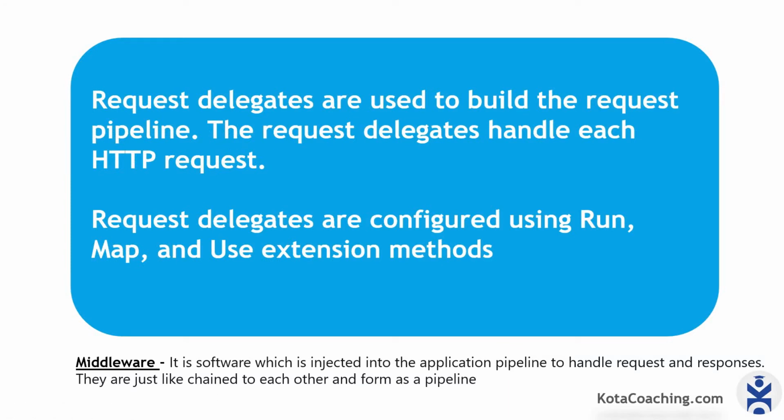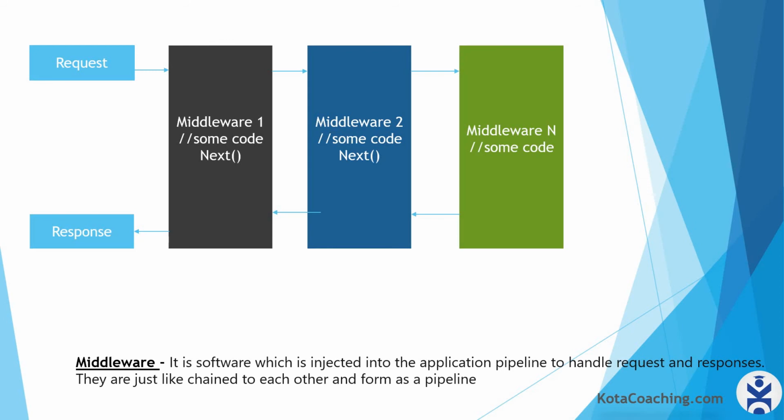Middleware is software which is injected into the application's pipeline to handle request and response. They are just like a chain to each other and form a pipeline. So in simple words, when the request comes from the user, the first middleware would be called, and there would be some code. After completing that code, the middleware will trigger the next method.